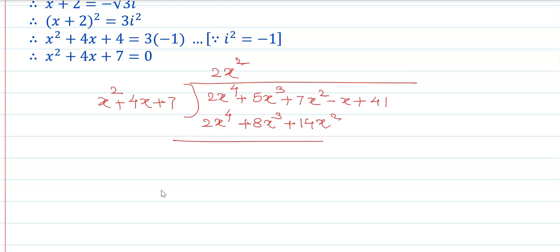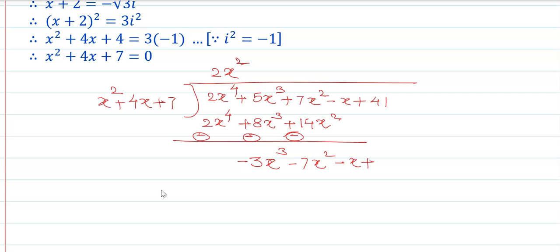Next the subtraction, minus. This 2x raised to 4 and 2x raised to 4 get cancelled. 5x cube minus 8x cube, you will get minus 3x cube. 7x square minus 14x square, you will get minus 7x square.